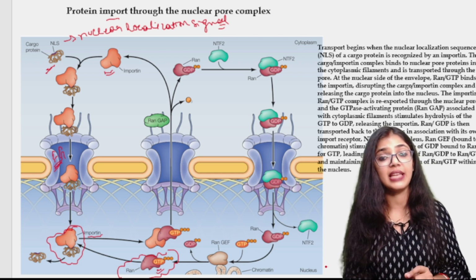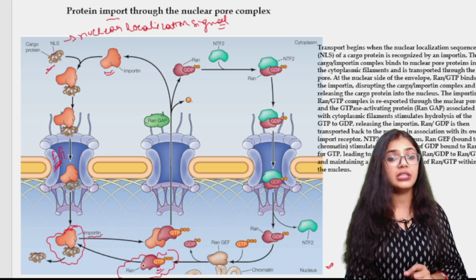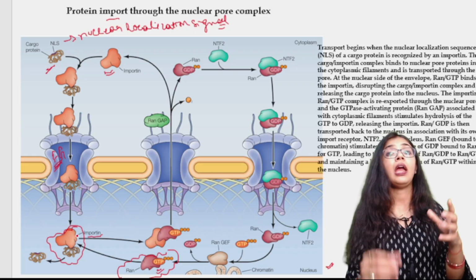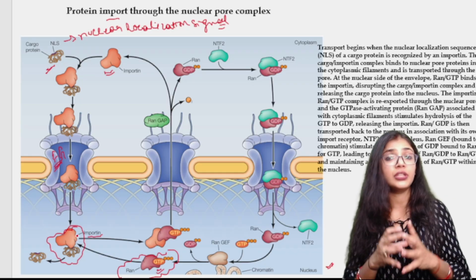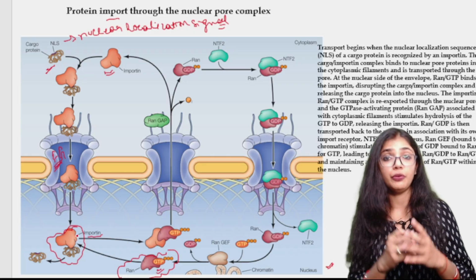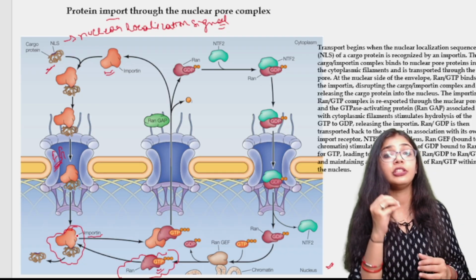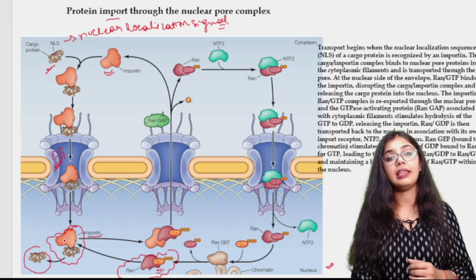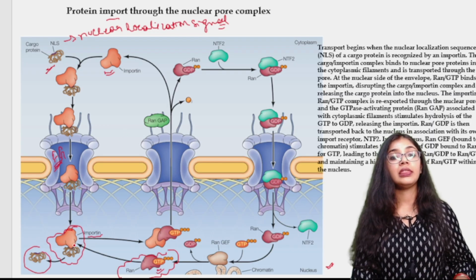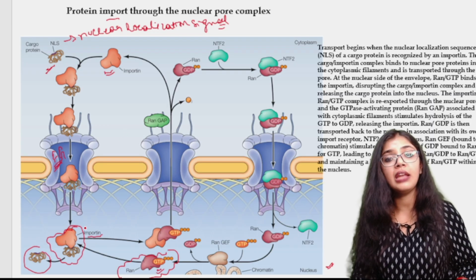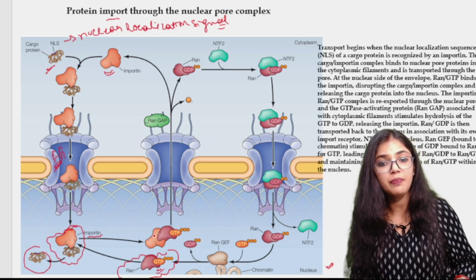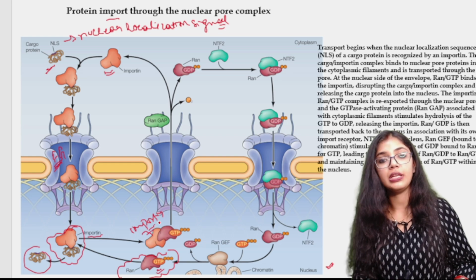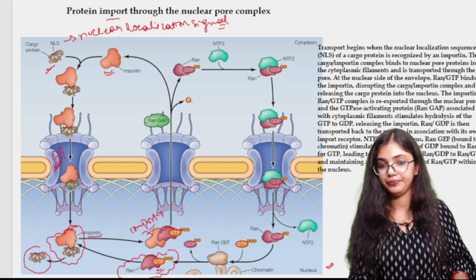This RAN GTP will come and bind with this importin protein, due to which there will be conformational changes, and due to these conformational changes the importin cannot bind with the cargo protein and there will be dissociation of the protein and the importin. Now this importin is attached with the RAN GTP.